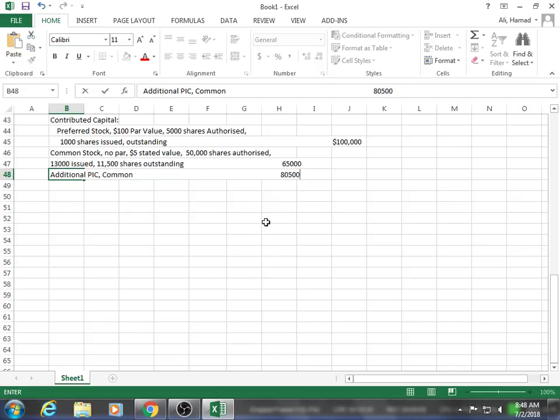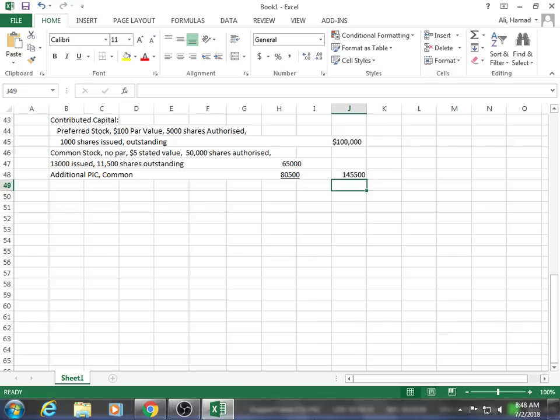So we put 80,500 down here and a line under it. The total of these two, 80,500 plus 65,000, is 145,500.